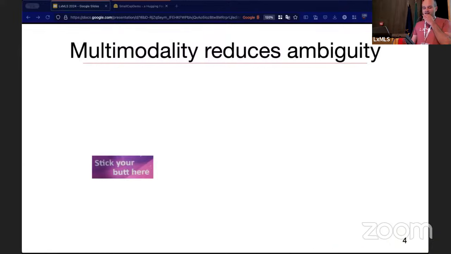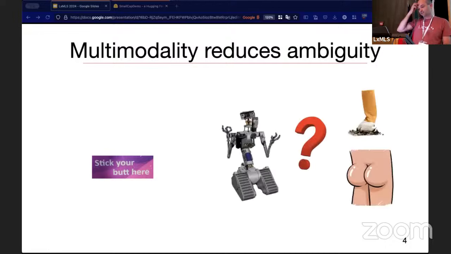From a more alternative perspective, multimodality also helps to reduce ambiguity. About 5 or 6 years ago, I saw this small sign, and if I was a state-of-the-art robot, for example, Johnny 5, I would probably be unclear about which butt I had to stick at this location.